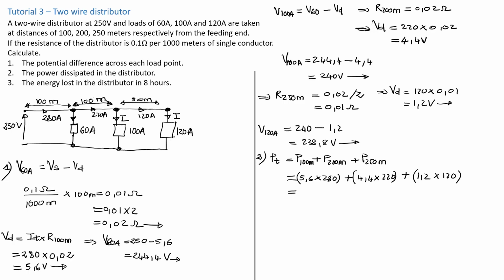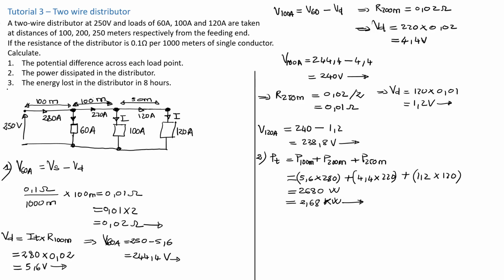Now we can go ahead and calculate this. And we get a total power of 2680 watt, which we can convert to kilowatt by dividing it by 1000. So it's going to be 2.68 kilowatt. So this is the amount of power being wasted in this entire distribution line.